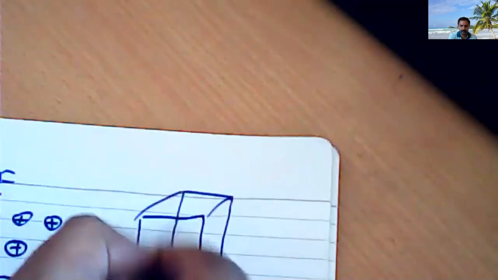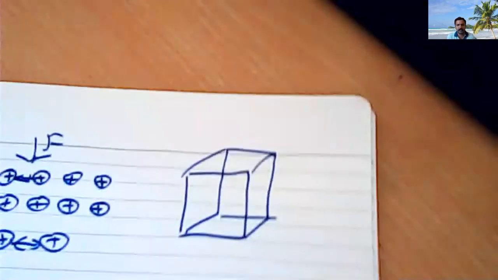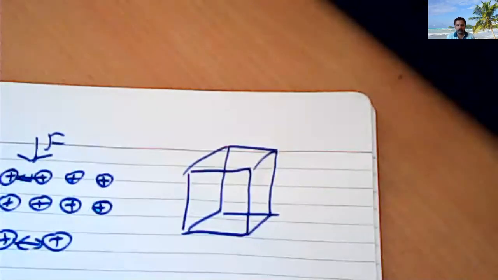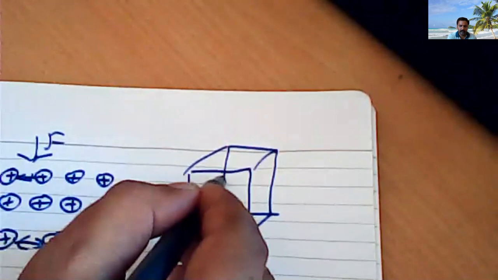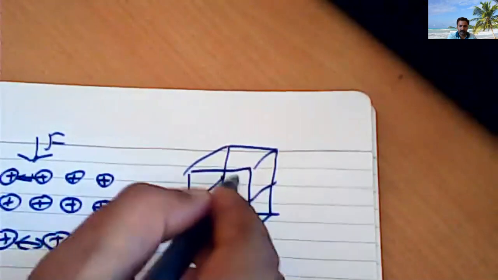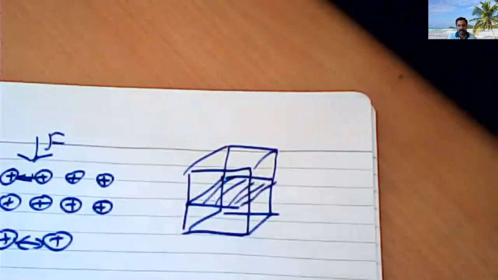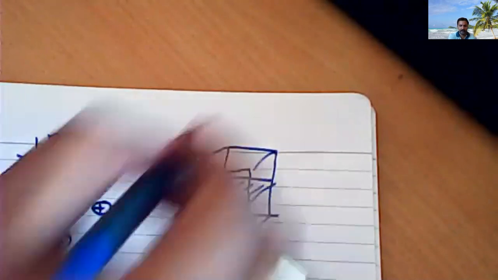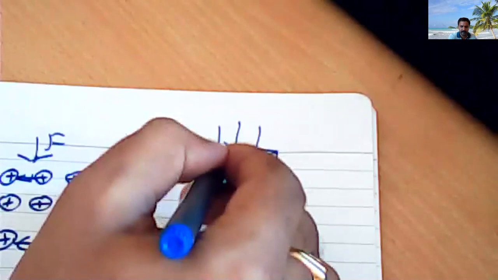So for example, let me take a body in the shape of a cube. Now you are applying a normal force to the area of its cross section. For example, you are applying a normal force perpendicular to this area of cross section.